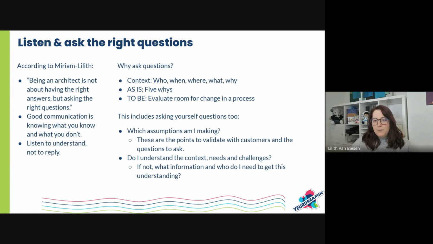So this is a point that I need to validate with the customer, a question I will need to ask. Also, do I understand the actual context, the needs, and the challenges? We didn't have that much information in that example that we had. So no, probably I don't. So what information do I need to really get this understanding?